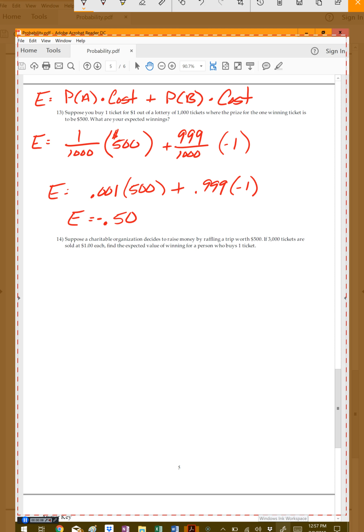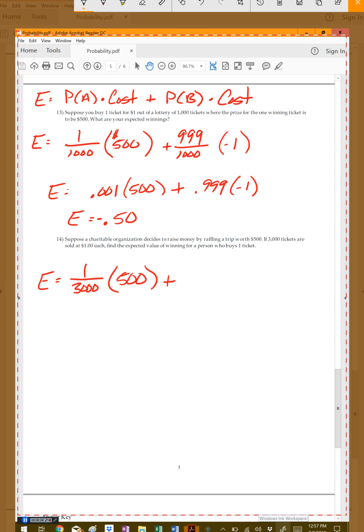Okay. Number 14, suppose a charitable organization decides to raise money by raffling a trip worth $500. If 3,000 tickets are sold at $1 each, find the expected value of winning for a person who buys one ticket. So expected value, so our first probability, we have a 1 in 3,000 chance of winning, and that is a trip worth $500.